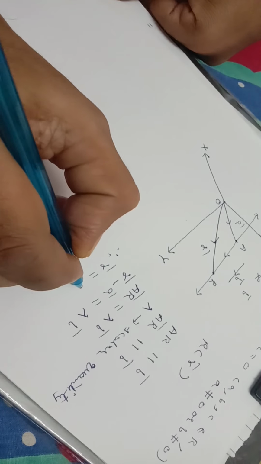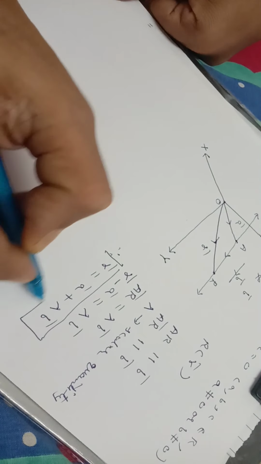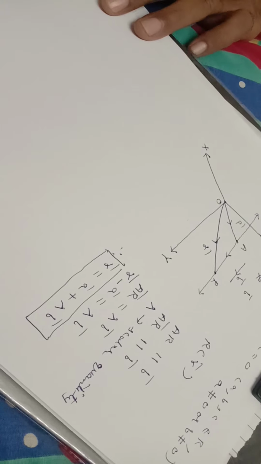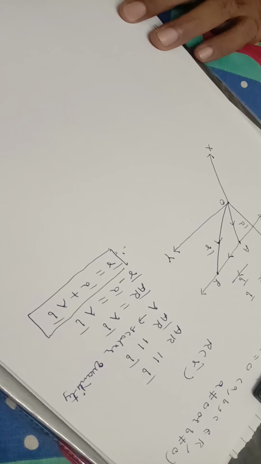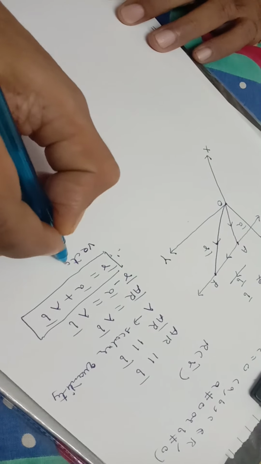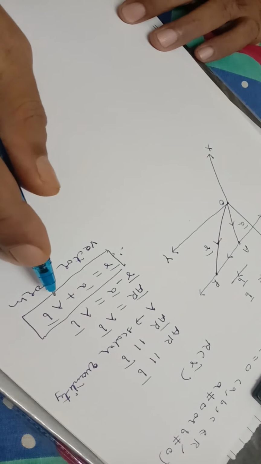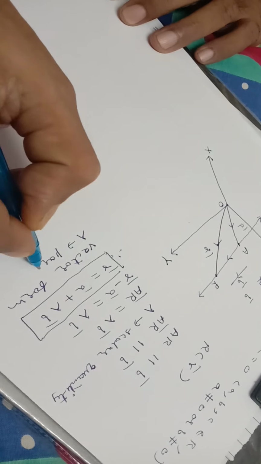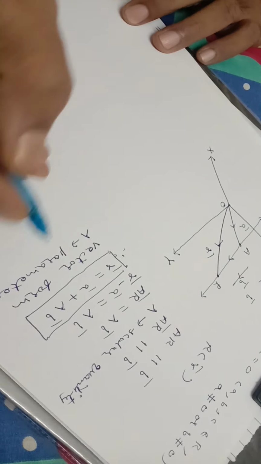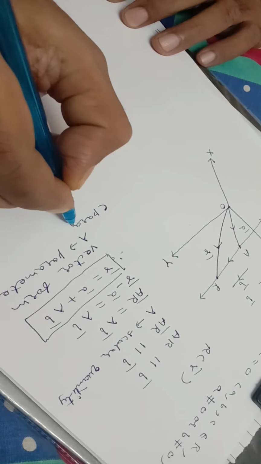So this may be written as R bar equal to A bar plus lambda B bar. Now this is equation of line which is in space. Equation of line in vector form. And in this equation, lambda is a scalar quantity, or we may say lambda is a parameter.